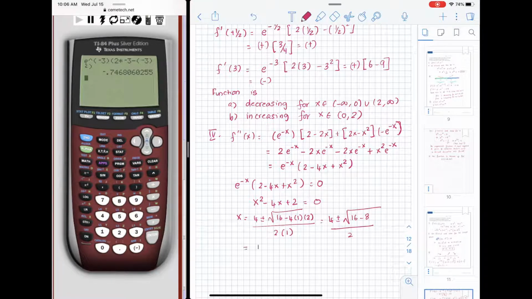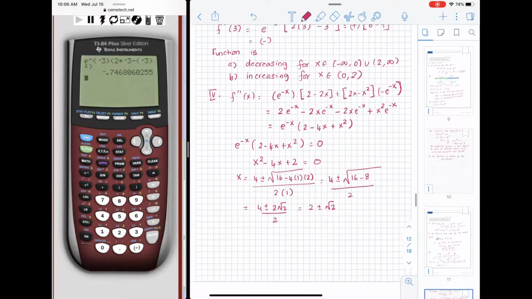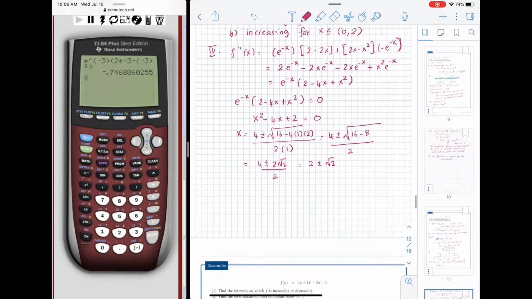So we have 4 plus or minus 2 square root of 2 divided by 2, which is simply 2 plus or minus square root of 2. Which simply means that the 2 points of inflection are 2 plus root 2 and 2 minus root 2.